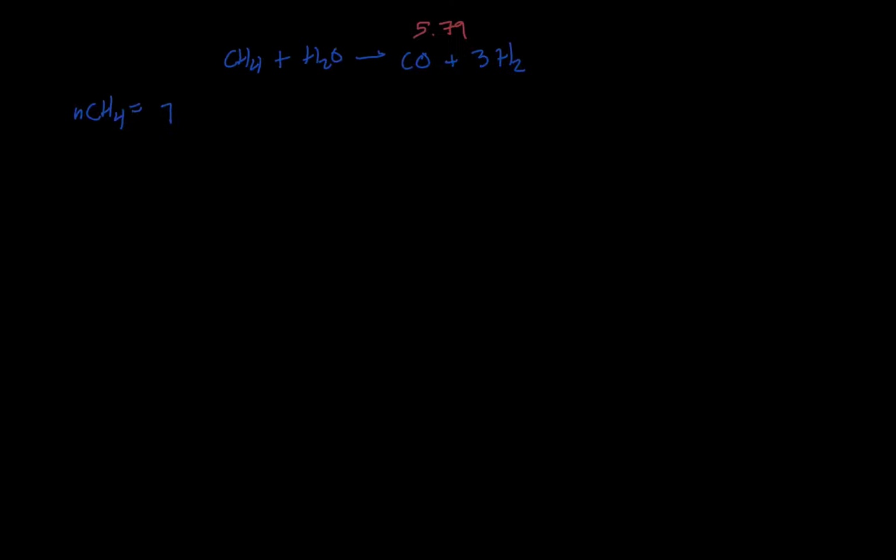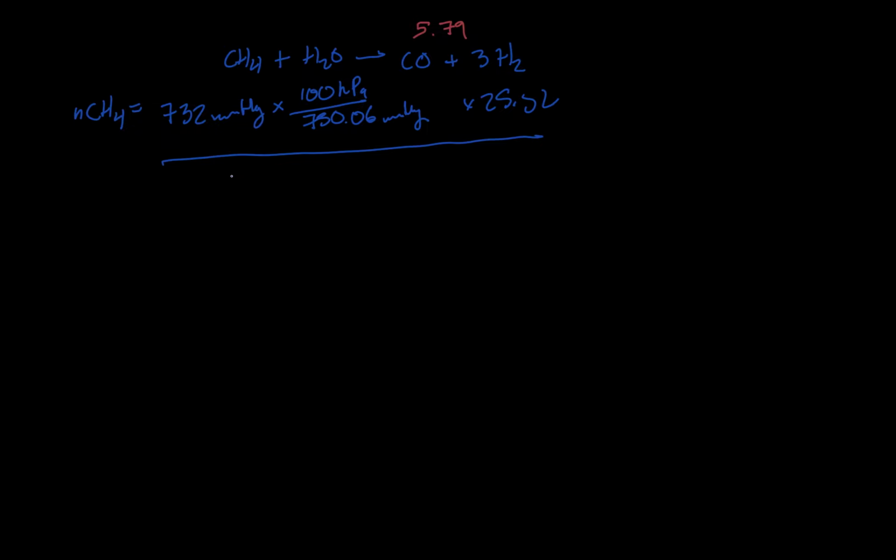This is 732 torr. We get 100 kilopascals for every 750.06. That's the conversion factor for that. This is times 25.5 liters, all divided by 8.314 joules per mole Kelvin.